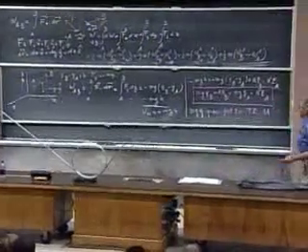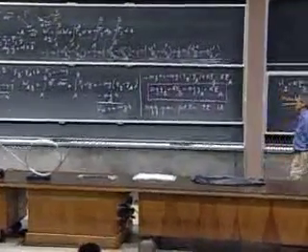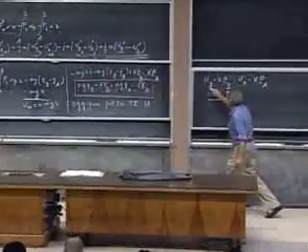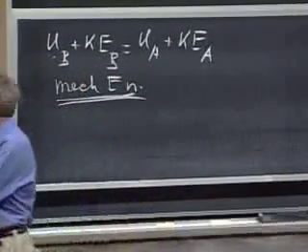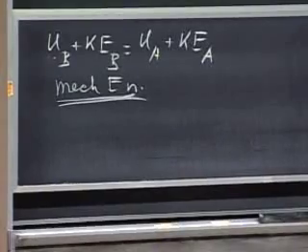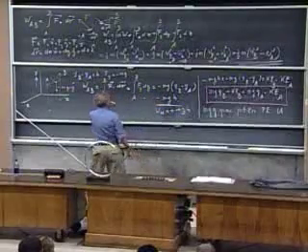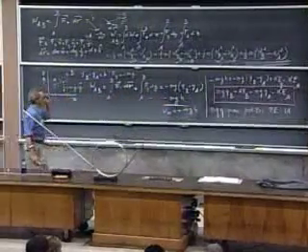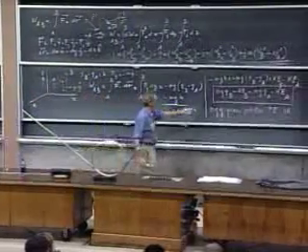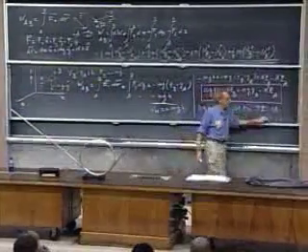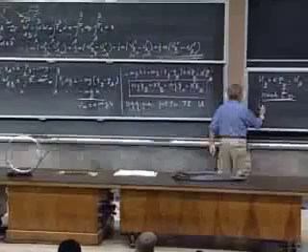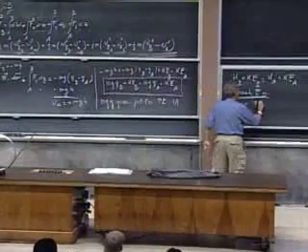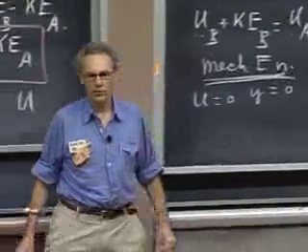So if the object has no velocity, then there is no kinetic energy. How about potential energy? Well, you will say, sure, potential energy must be zero when y is zero, because that's the way that we defined it. You see, mgy is gravitational potential energy. So you would think that u is zero when y is zero. Not an unreasonable thing to think.